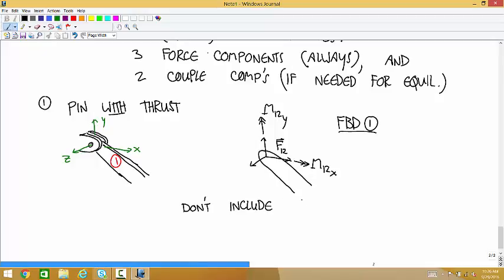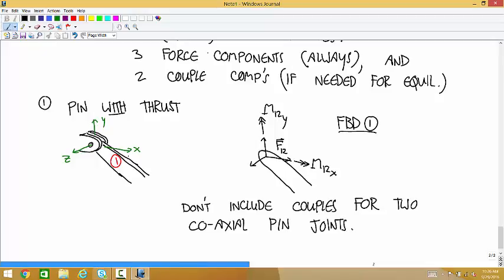So don't include couples for two coaxial pin joints. What's two coaxial pin joints with thrust look like? Would it just be the thing in the middle with two pin joints? So I have one of each here.